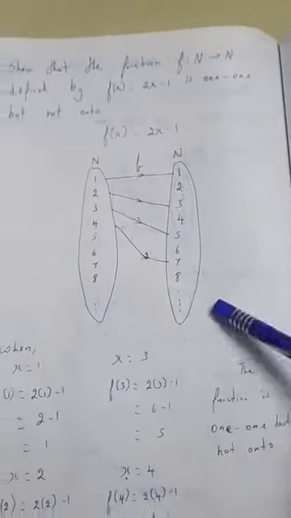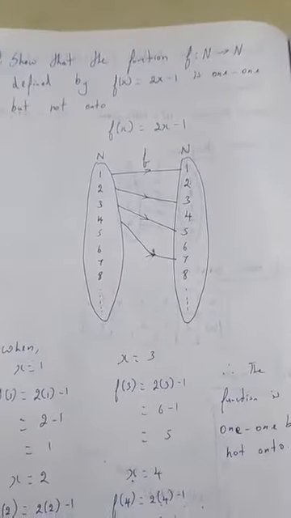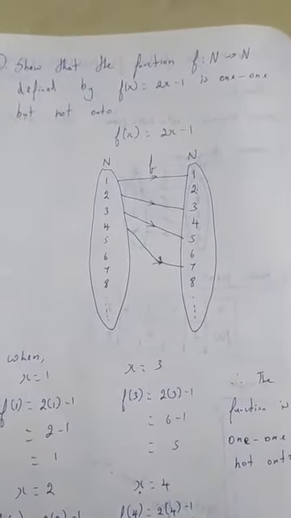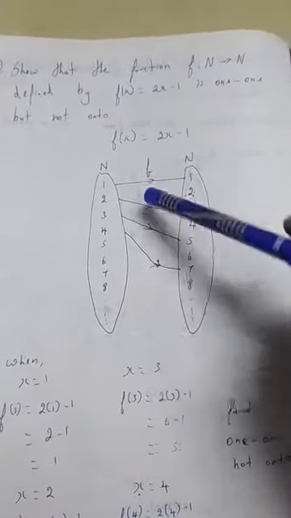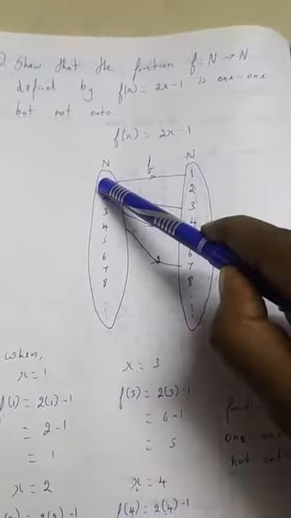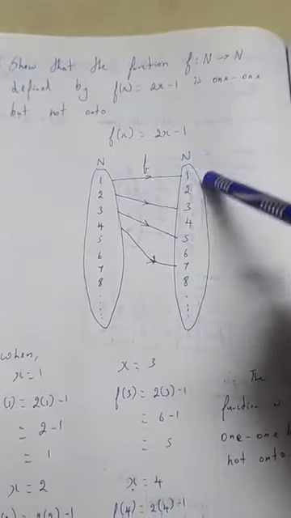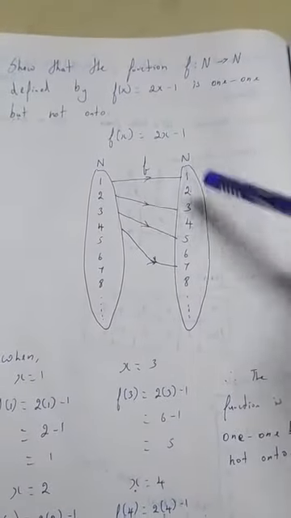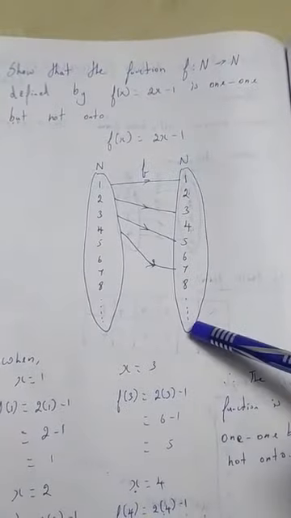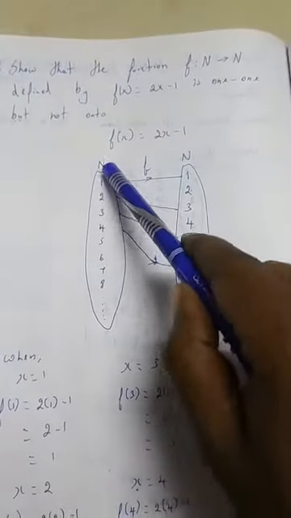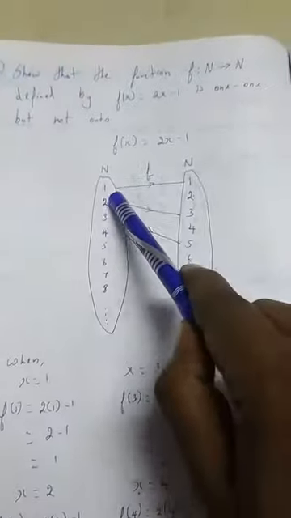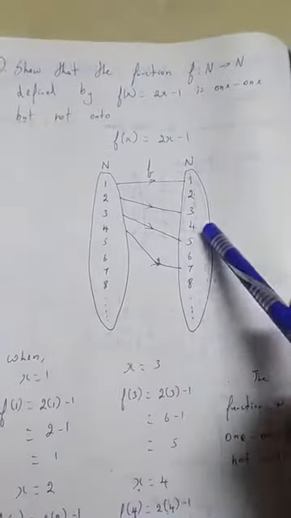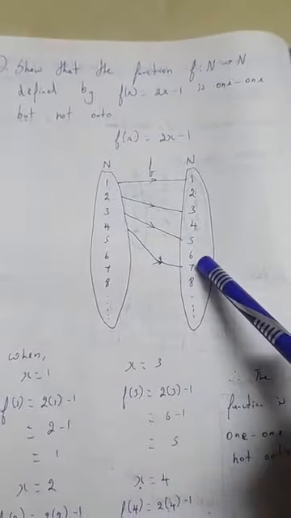Let's check. It is very simple. What is called a 1 to 1 function? All the elements in the domain must have different images in set B. So if you look at the elements in the domain, 1 has a different image 1, 2 has a different image 3, 3 has a different image 5, 4 has a different image 7.